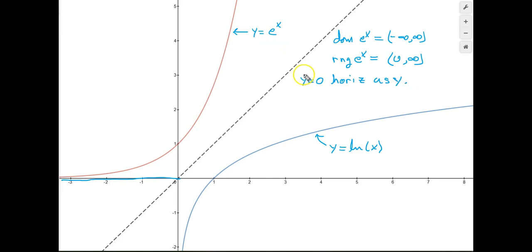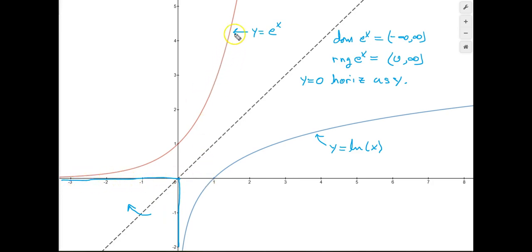Notice if you flip this vertical asymptote about the line y equals x, it becomes a horizontal asymptote.